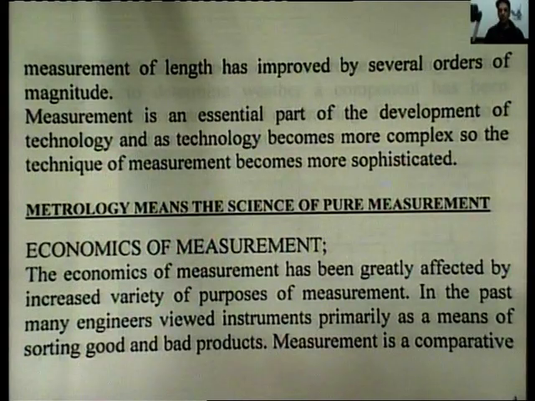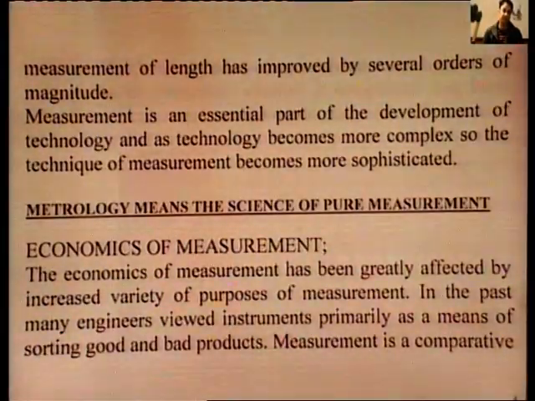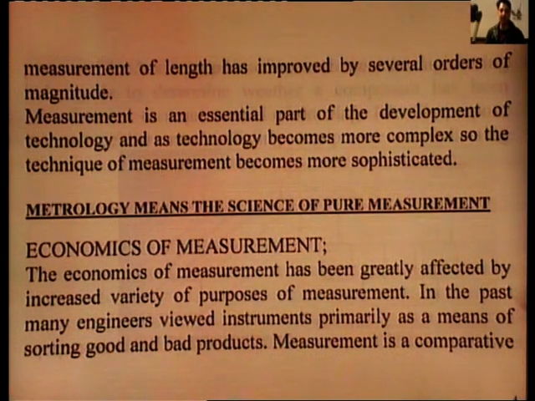For example, a vernier caliper of 6 inches length may cost around rupees 2000, and a vernier caliper capable of measuring about 20 inches may cost as much as 20,000.